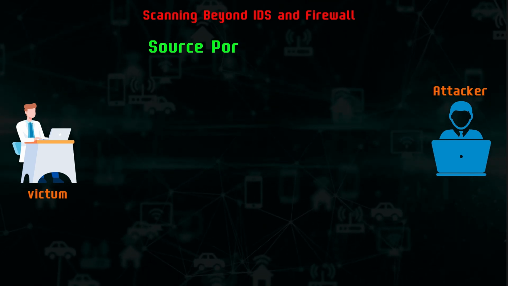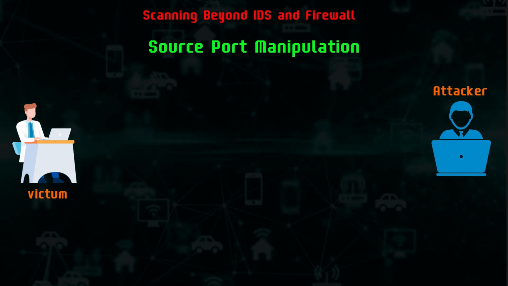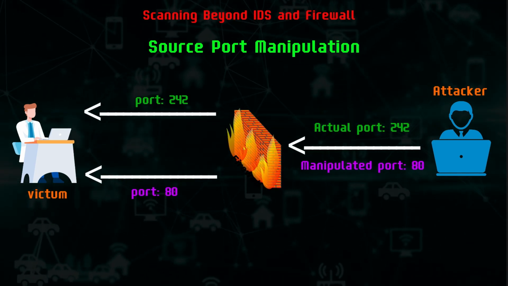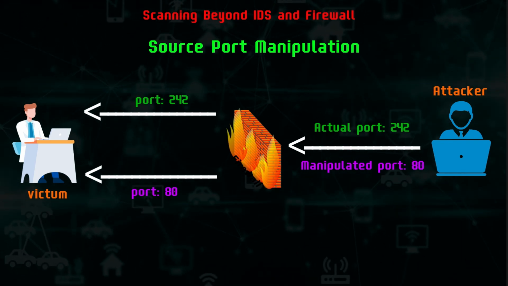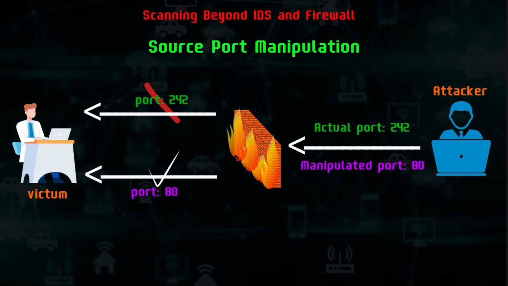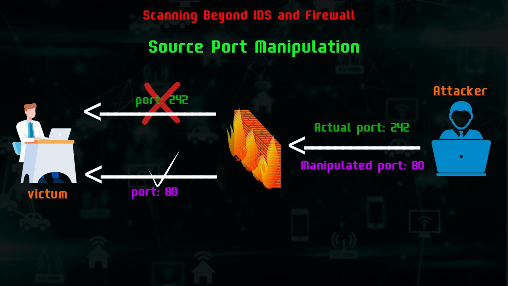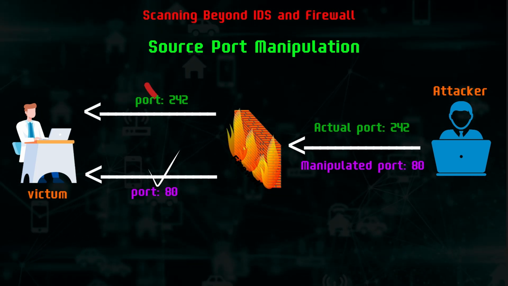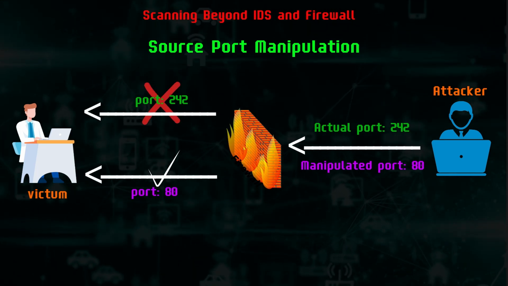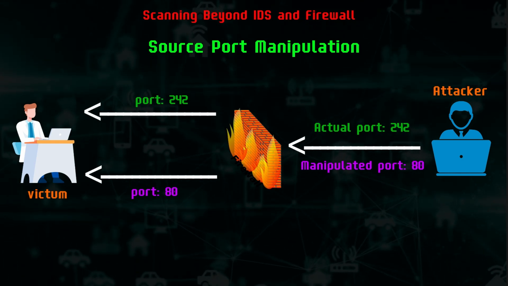The third technique is source port manipulation. Source port manipulation is a technique used for bypassing the firewalls and intrusion detection system, where the actual port numbers are manipulated with common port numbers for evading the intrusion detection system and firewall rules.